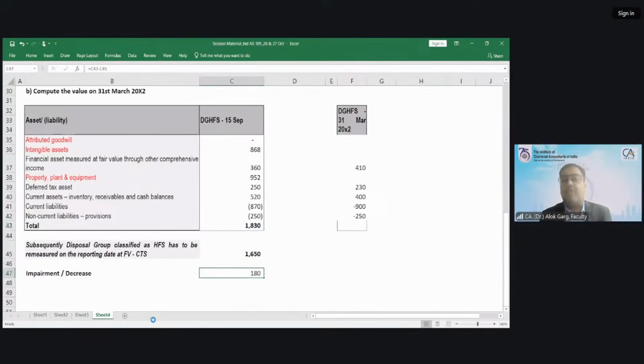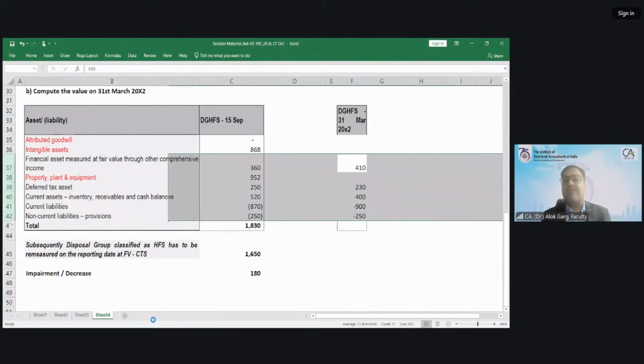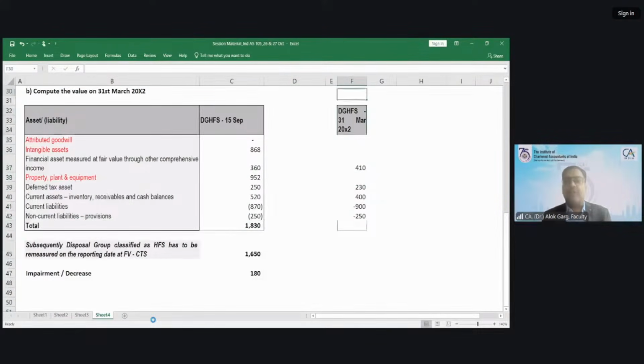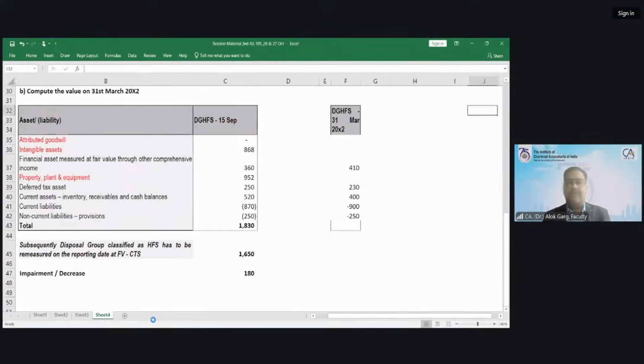Because not all the assets and liabilities come in the purview of Ind AS 105 from the measurement perspective. So your DGHFS values, a few assets and liabilities values have been given as per the respective standard. So what is your normal increase or decrease, normal changes?